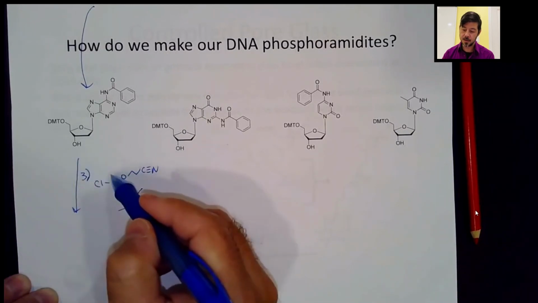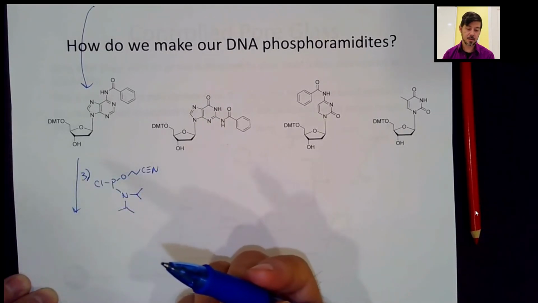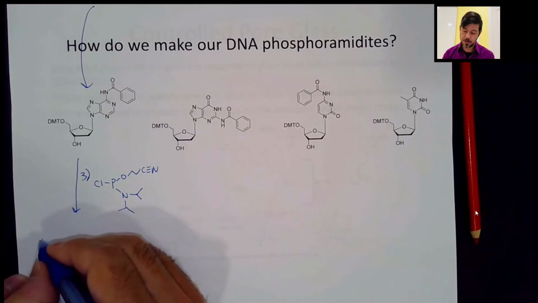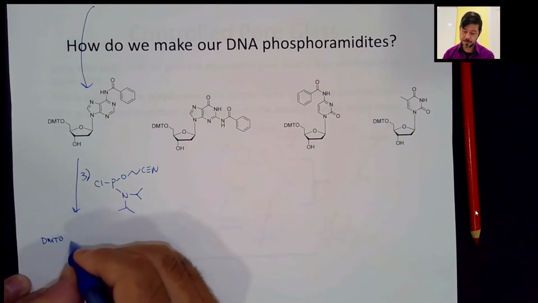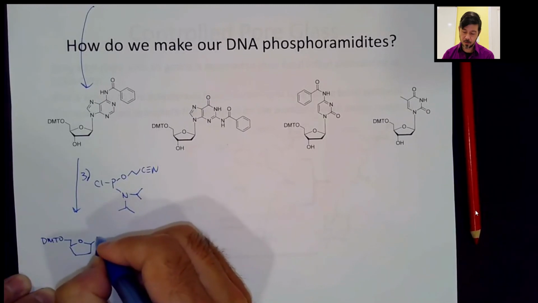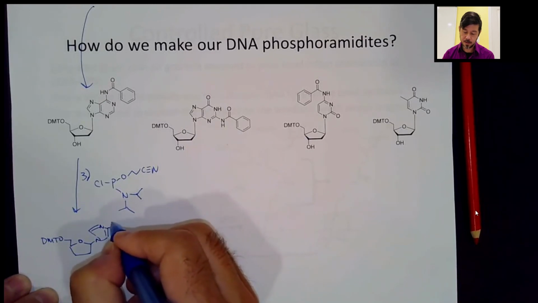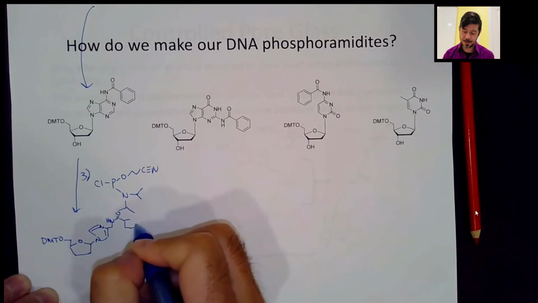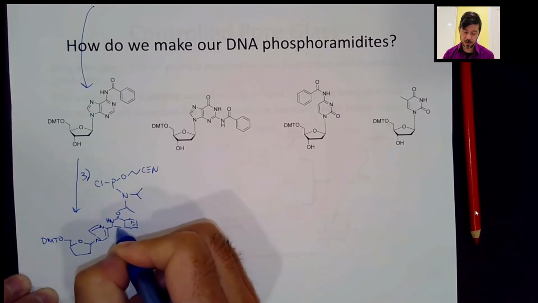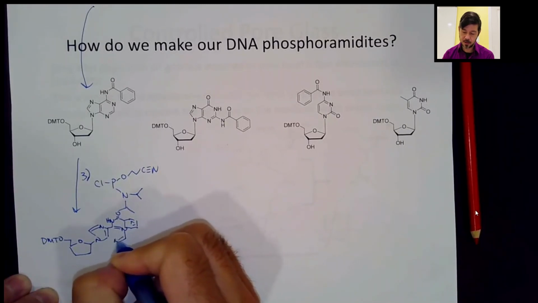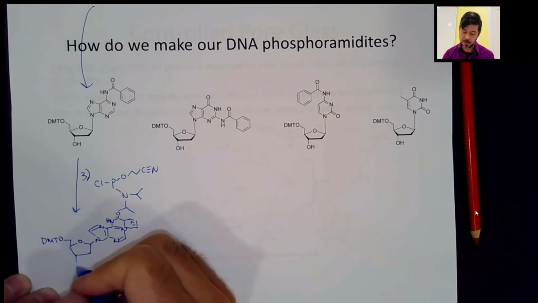And then you can see that it's SN2 chemistry. So what you'll end up making is your adenine phosphoramidite with a protecting group at the exocyclic amine, as I'm drawing right now, in addition to the dimethoxytrityl group at the 5' position.